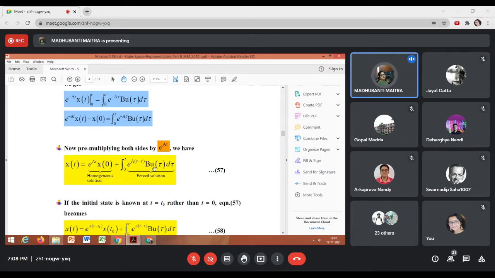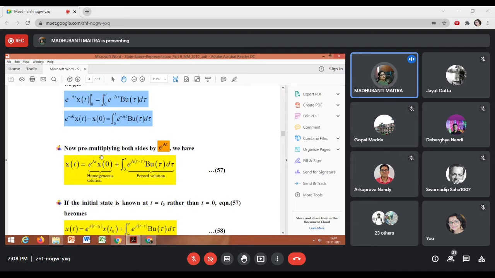If the input is 0, that means the system is an autonomous system, and the system behavior will be described by a set of homogeneous equations, and the solution will be x(t) equal to e^(At) into x0, that we have already seen.